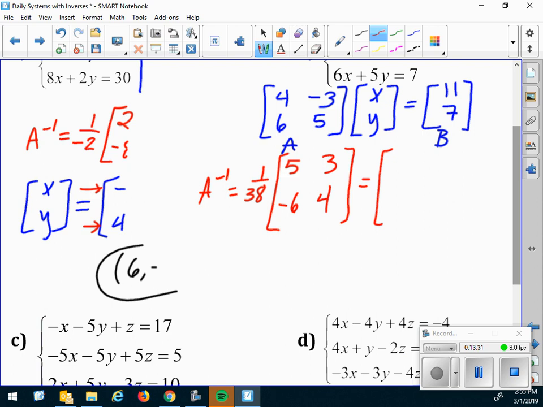Multiply the 1/38 by each of those elements. 5/38, 3/38, -6/38, and 4/38. That one will simplify and that one will simplify. How will 4/38 simplify? 19. Oh, this one's -3/19, yeah. Good, and this one's 2/19.